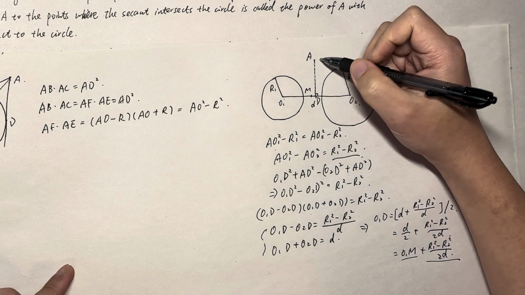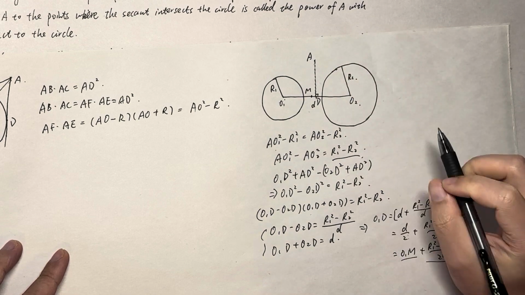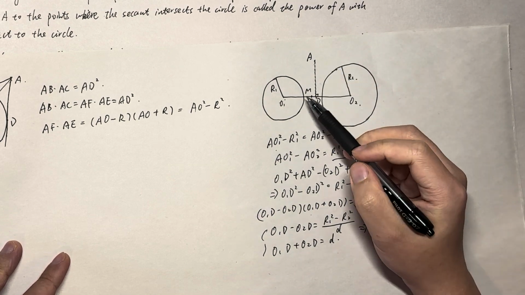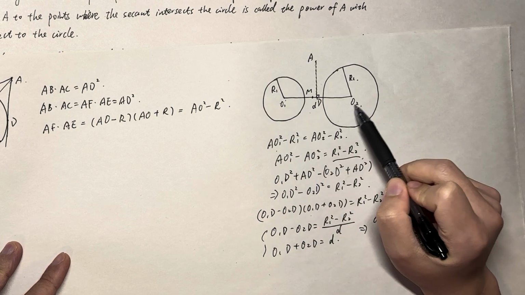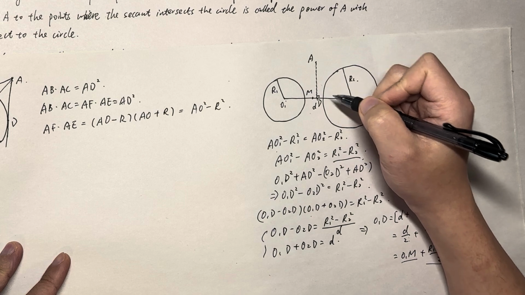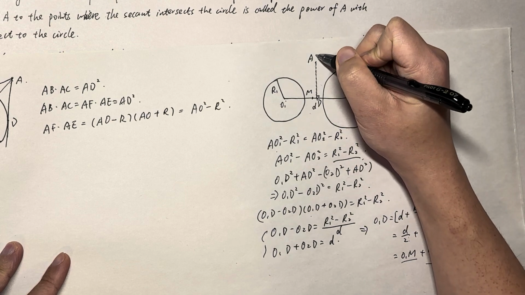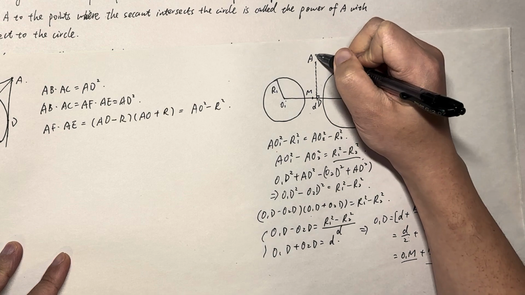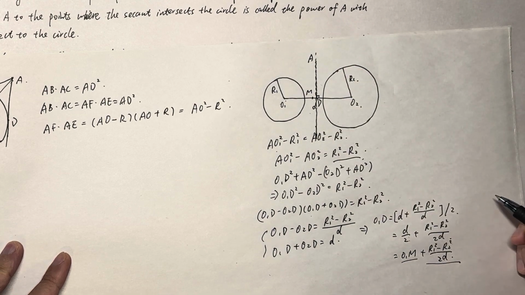So now we know that all the points that have equal power with respect to O1 and O2 have the same projection point onto O1O2, which means the locus of these points should be on this line, right?